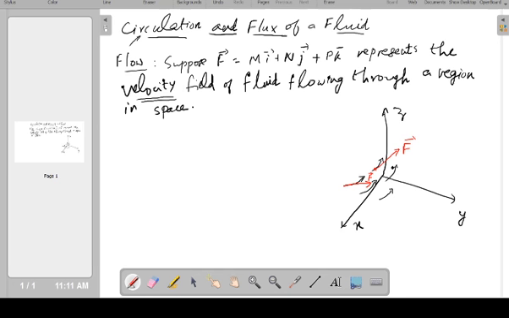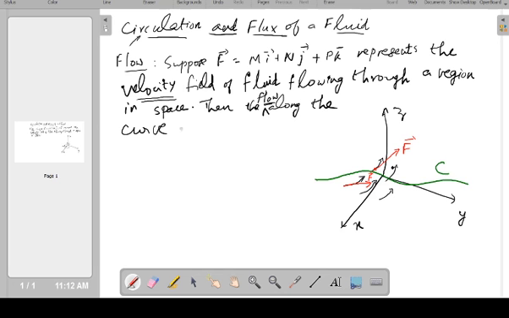Then the flow along the curve. Which curve? Suppose you have a parameterized curve in the space, in the domain of F. So suppose that this is the parameterized curve C. Then the flow, this is what we are going to define.